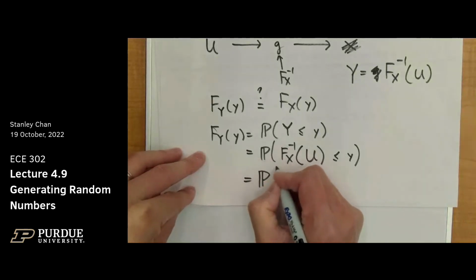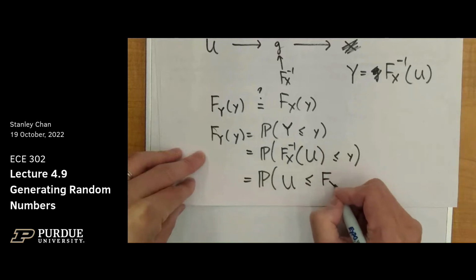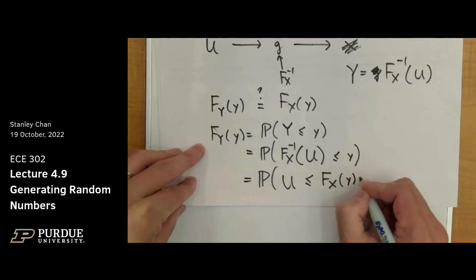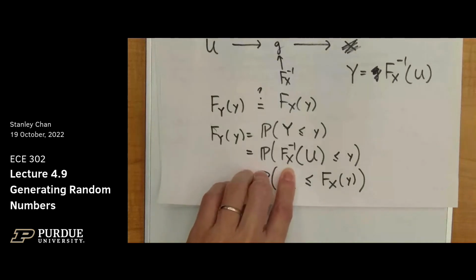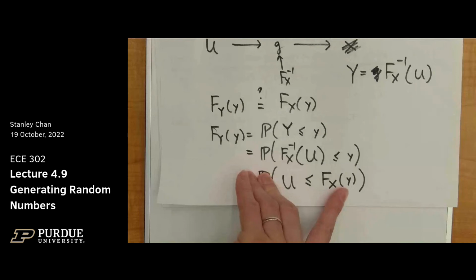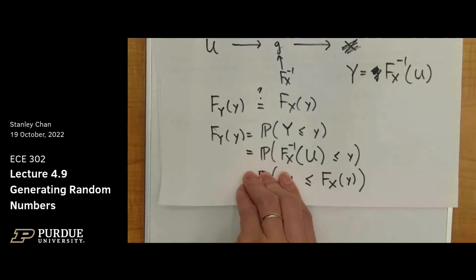Then it is the probability of U less than or equal to F_X of small y, because this is an inverse, so I can put the inverse onto the right-hand side. Now I can do this operation because I know that your CDF is a monotonically non-decreasing function. So I can just move it to the right-hand side without worrying about this equality.